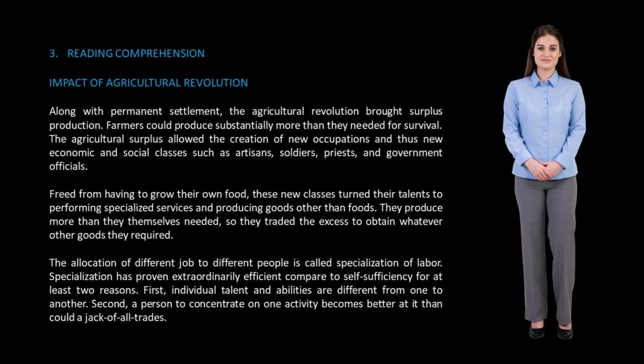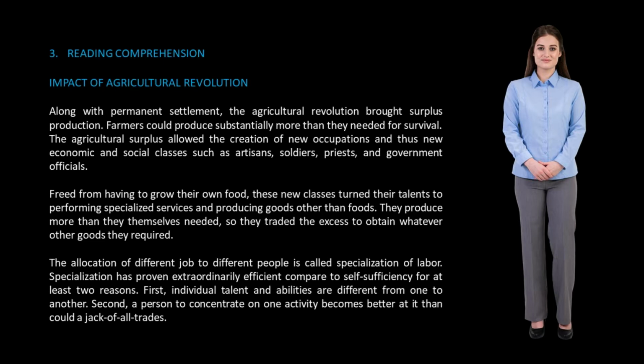Free from having to grow their own food, these new classes turned their talents to performing specialized services and producing goods other than foods. They produced more than they themselves needed, so they traded the excess to obtain whatever other goods they required. The allocation of different jobs to different people is called specialization of labor.